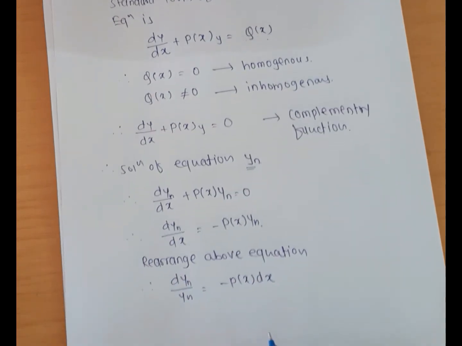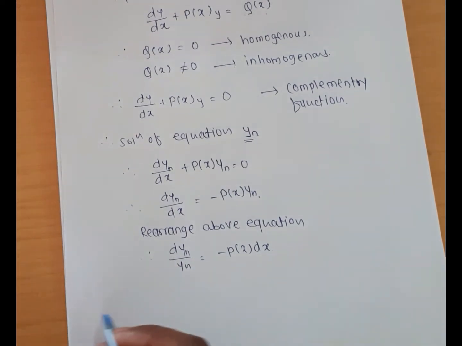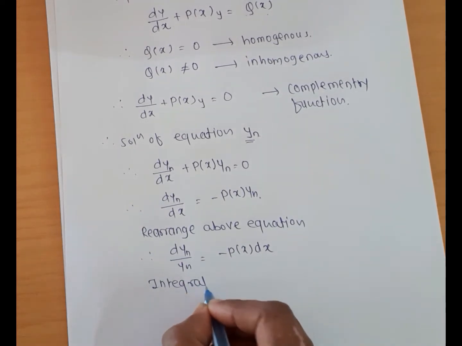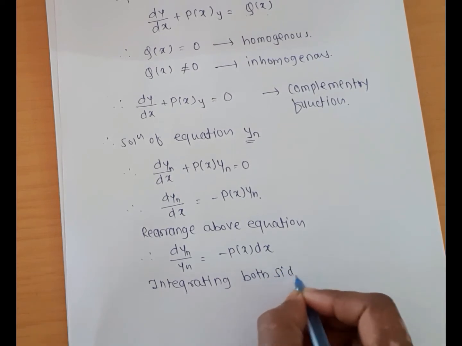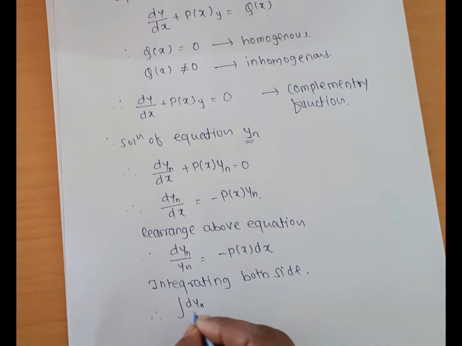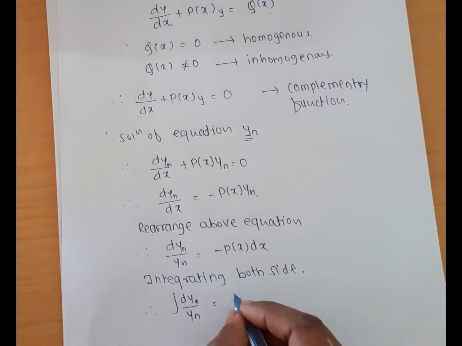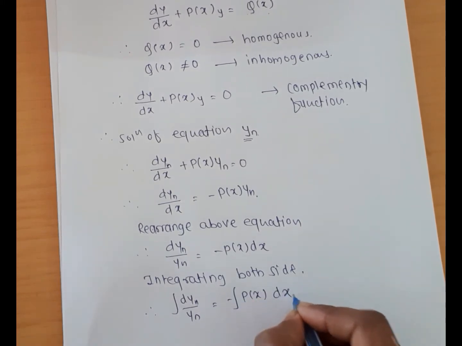Then we find the solution of this equation by integrating both sides. So the integration of dyn upon yn is equal to the integration of minus p of x dx.